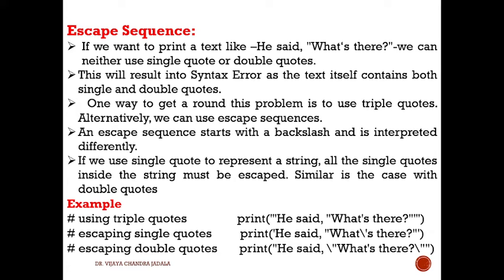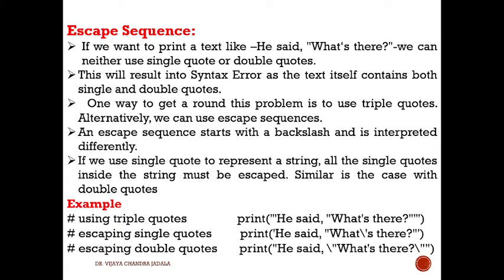Escape sequence. If we want to print a text like he said, what's there, we can use neither single quotes nor double quotes. This results in a syntax error as the text itself contains both single and double quotes.